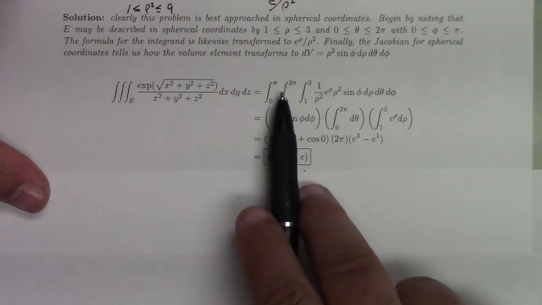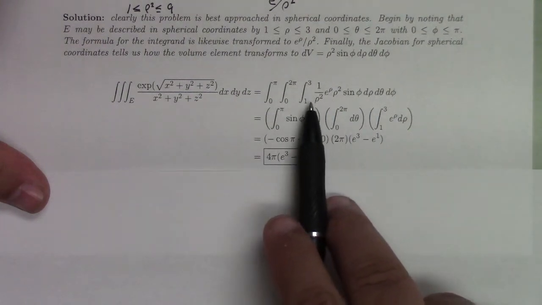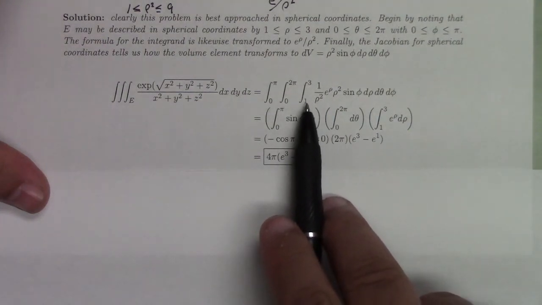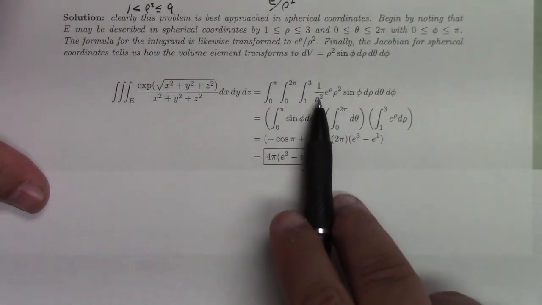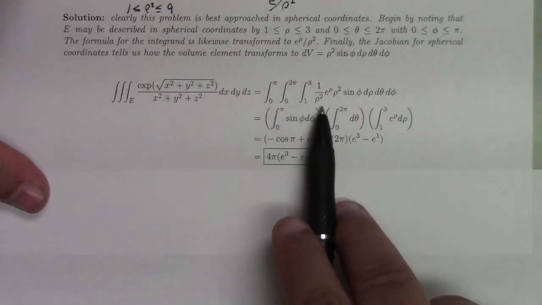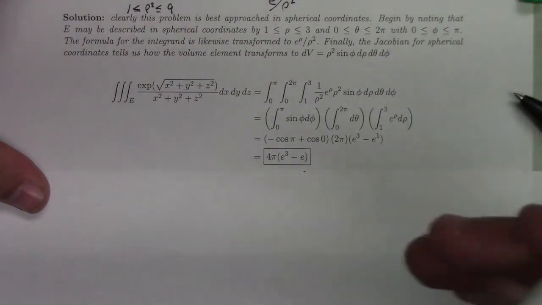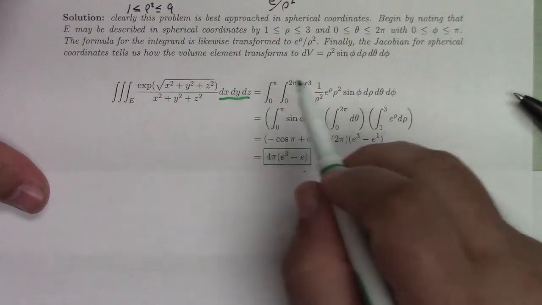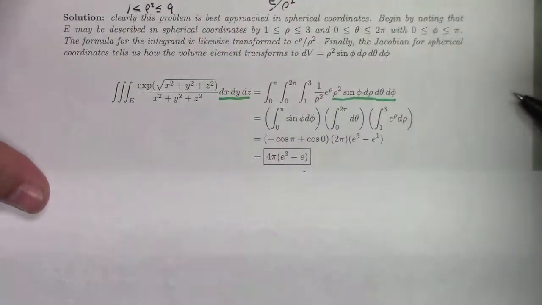So we go 0 to pi for phi, we go 0 to 2 pi for theta, and we go 1 to 3 for rho. And 1 over rho squared e to the rho, that's f. And then again, dV is rho squared sine phi dρ dθ dφ.